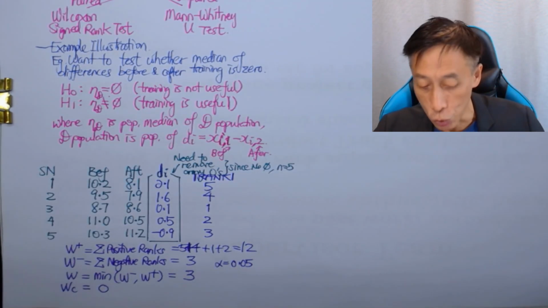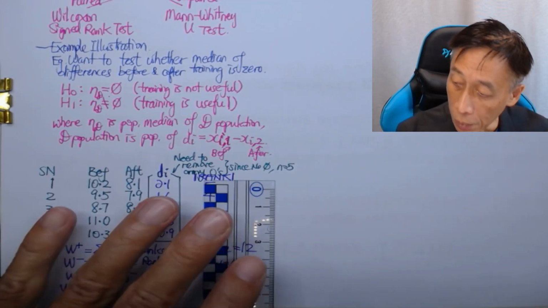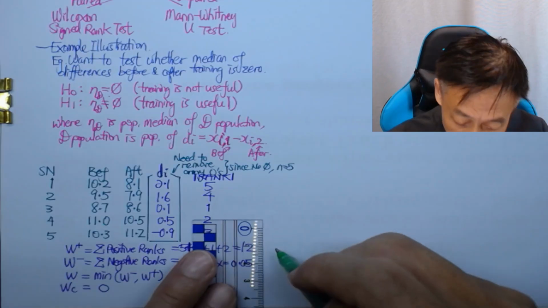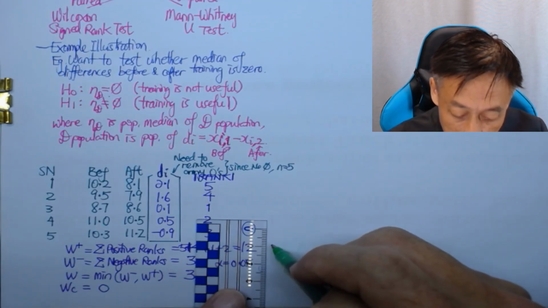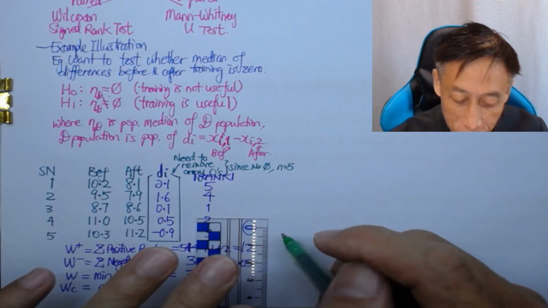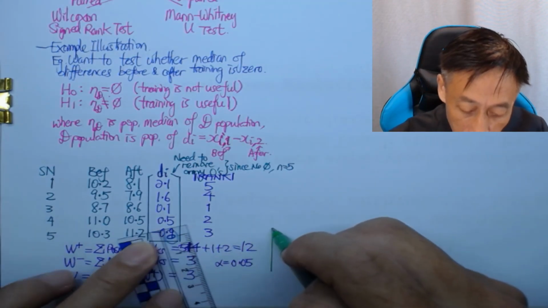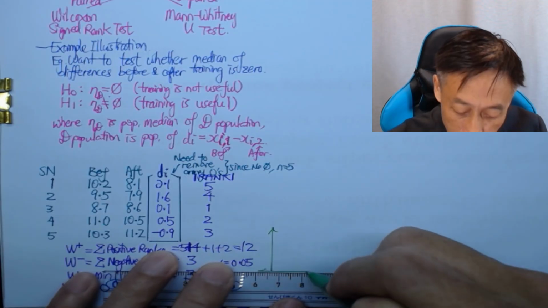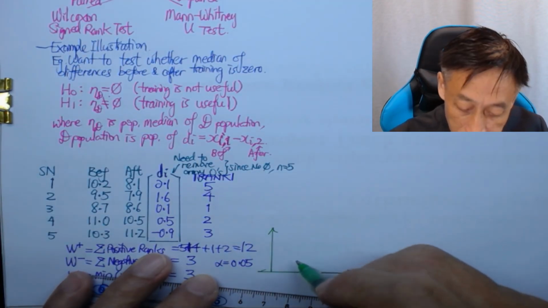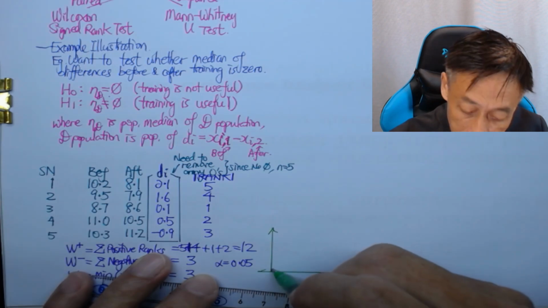We should have a distribution. For a generally slightly larger sample than 3, 4, and 5, we will have some sort of a distribution shape for Wilcoxon that looks something like this.